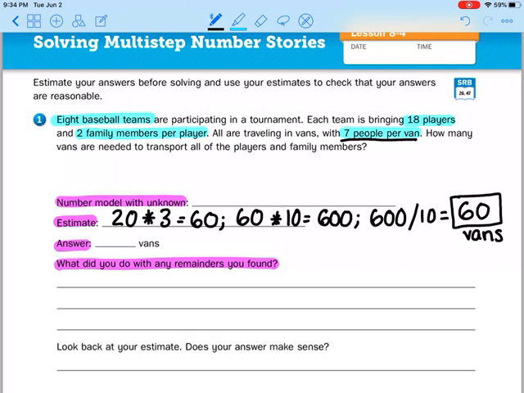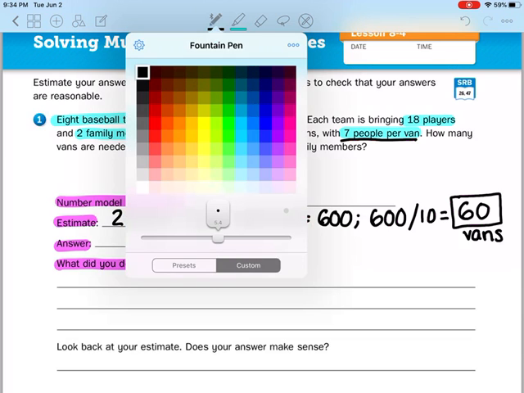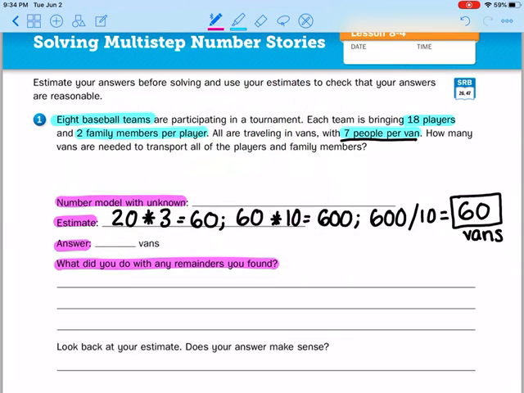Okay, we're going to do the same thing, but now we're going to do the actual numbers. So I'm going to write one long number model with the unknown. I'm going to do the 18 players, times 3 for themselves and their 2 family members. That's where I'm getting that 3. And I'm going to put that in parentheses.